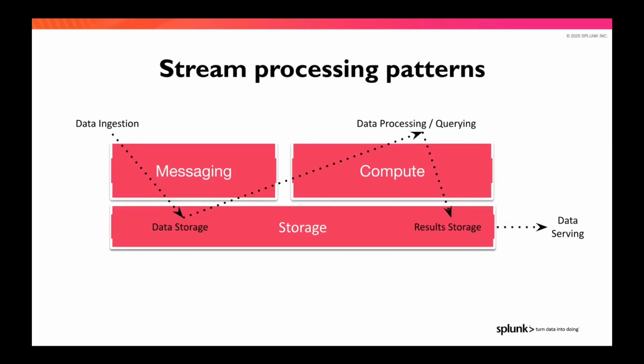From there, messages are consumed from the compute portion or layer of the architecture, in which it's processed. The results may be dumped into the storage layer again, and then from there you can either serve the data out of the storage layer or do some querying and so on and so forth.